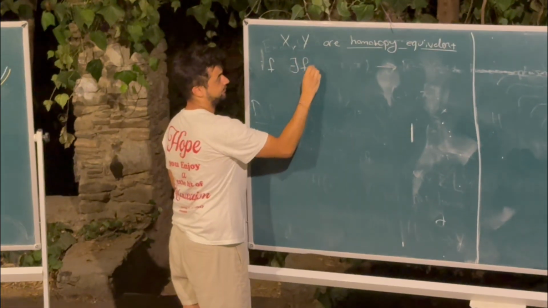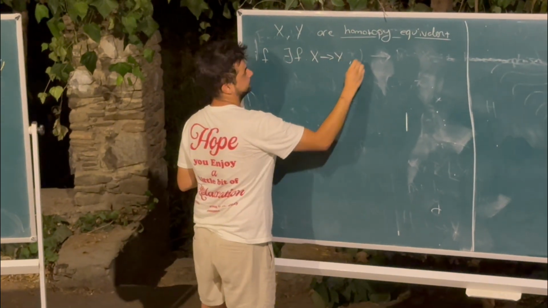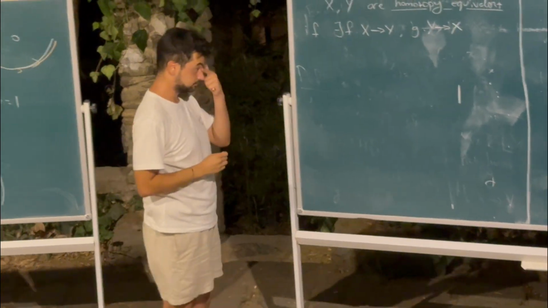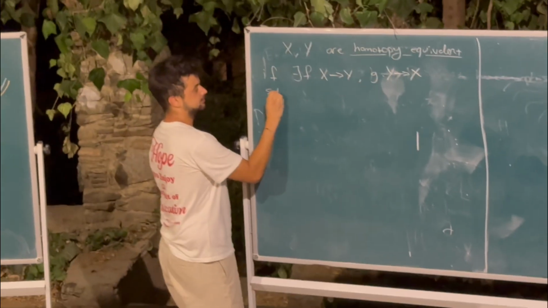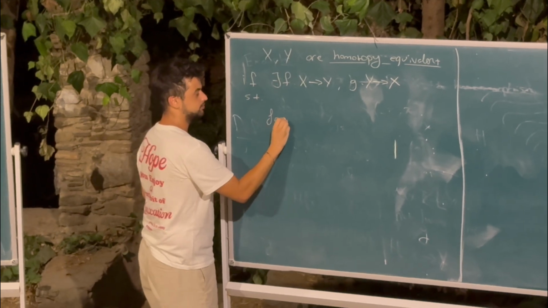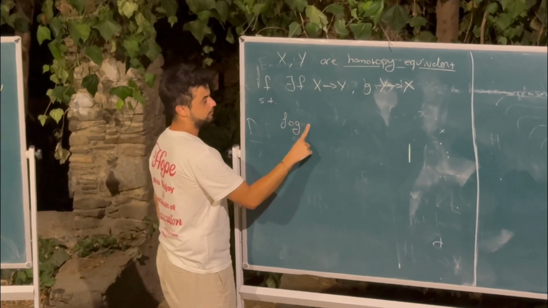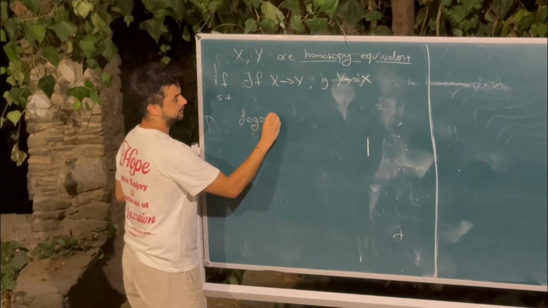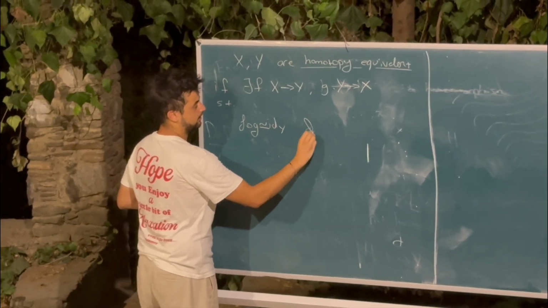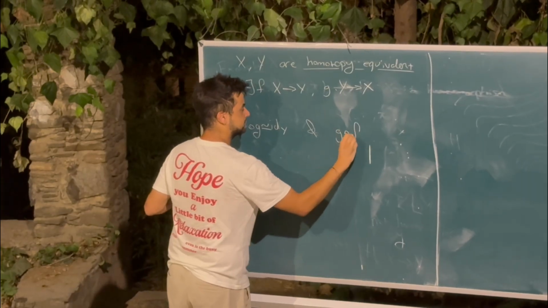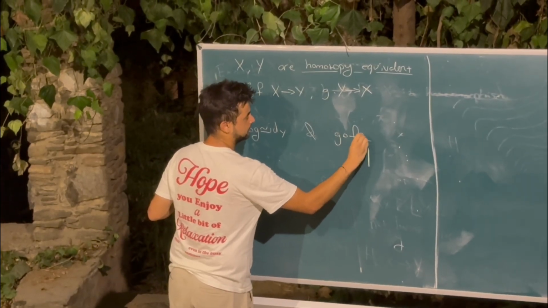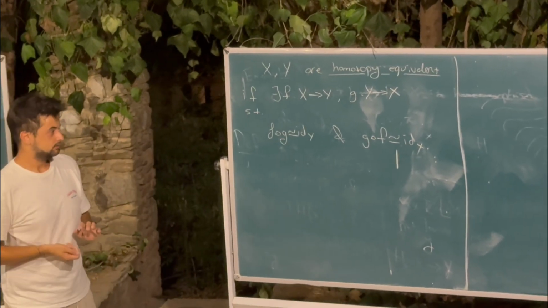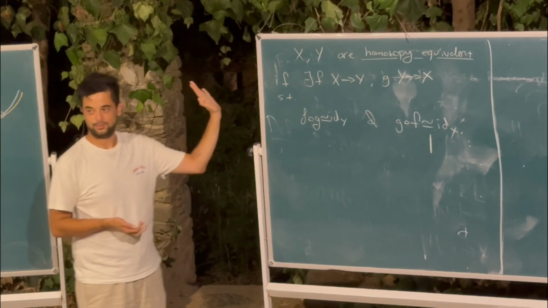There exists f: X to Y and g: Y to X such that f composed with g is now, we don't want it to be equal but homotopic to the identity of Y, and we want this to be homotopic to the identity of X. Questions about the definition?